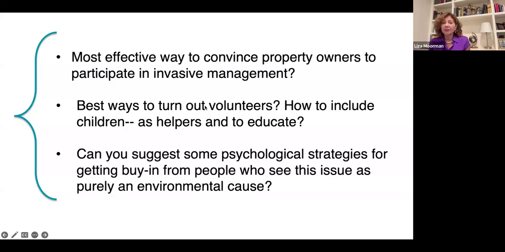We've also been thinking about the fact that teens need service hours for various clubs they belong to, so we've been reaching out in that way, both within the community and with scouts who are in the area. And I think Japanese stilt grass is a great place for young people to start because it's easy to hand pull. You're not using any tools.